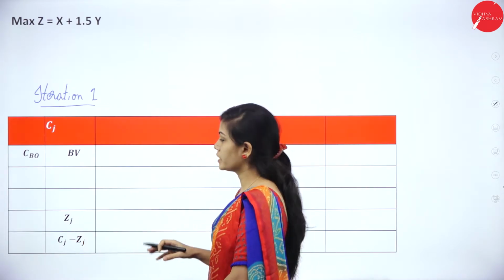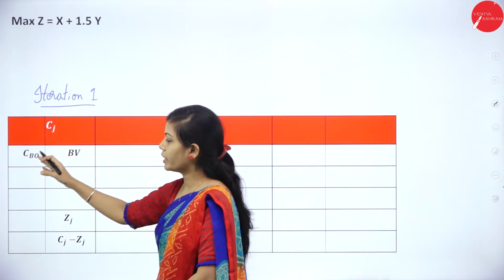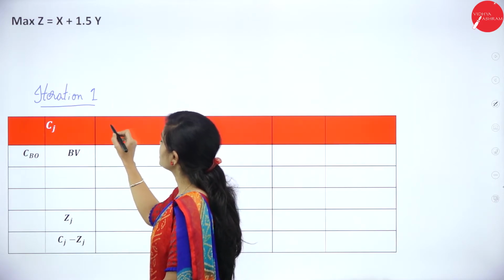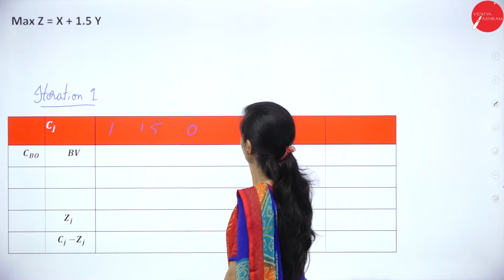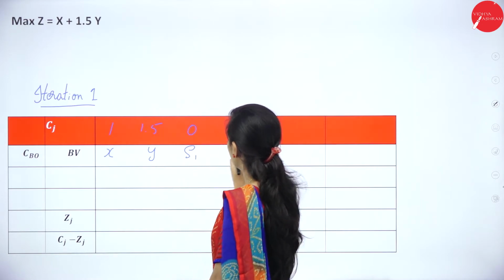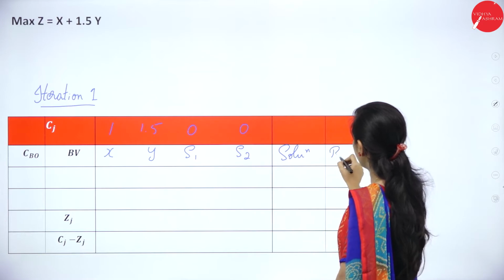In the first iteration table, again write the values of Cj, basic variable and coefficient. What is Cj? The coefficients of the objective function, that is 1, 1.5, and S1 is 0, S2 is 0, and the variables x, y, S1 and S2, and solution and ratio.